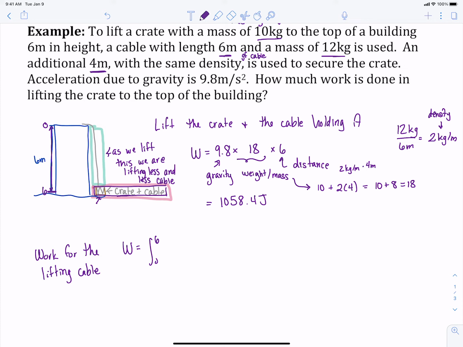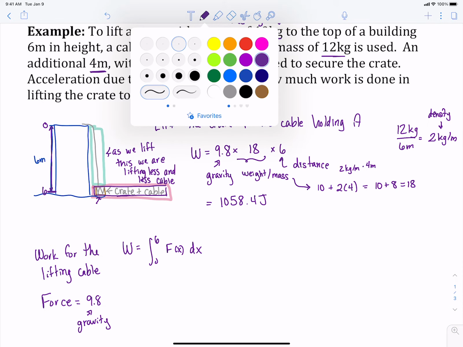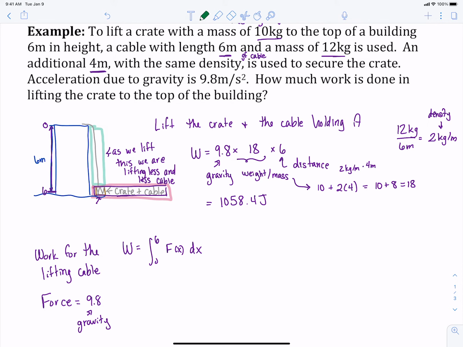So the question is how much force are we using to lift this cable? Let's put it over here because we need to take the integral of that force function. The force here is still going to be that 9.8 because we've still got to deal with gravity. But then the question is, how much are we using to lift each little piece?